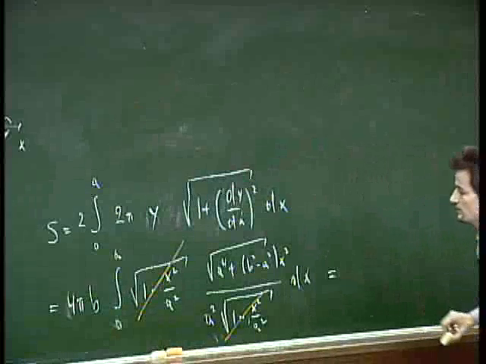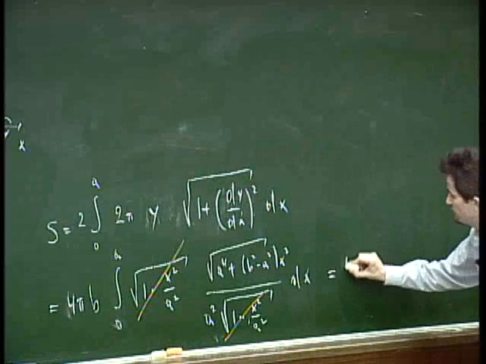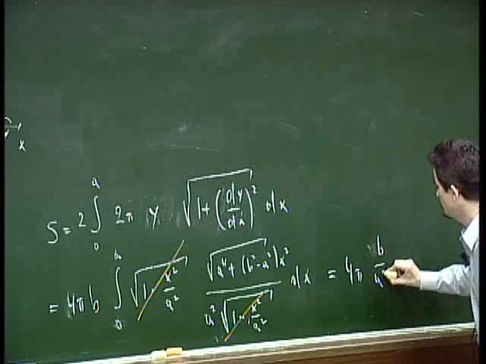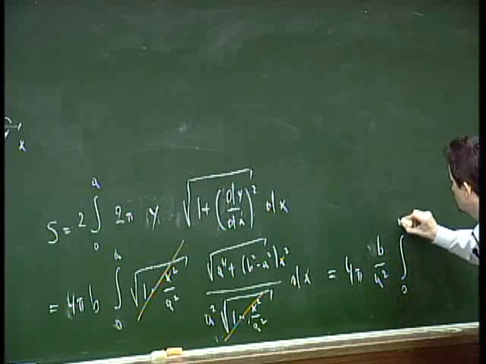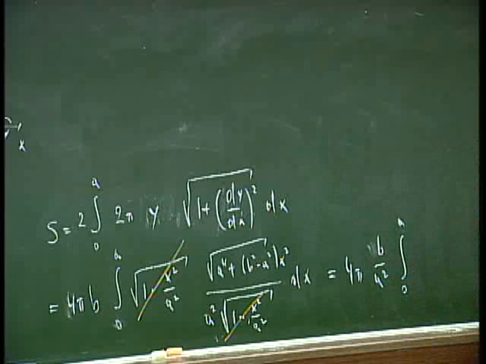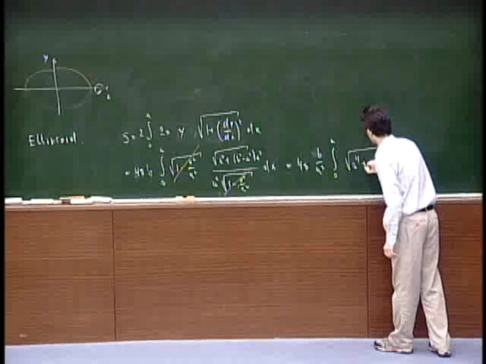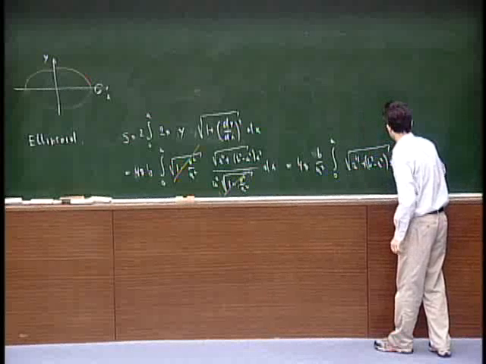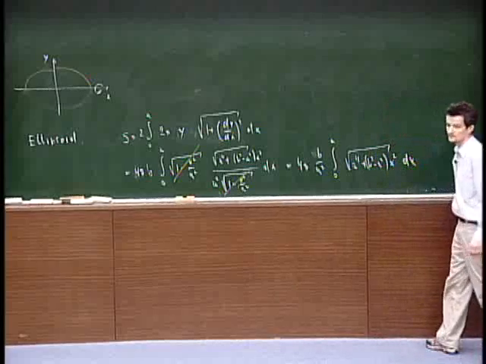Okay, so what we have is 4 times pi times b over a squared, and then the integral from 0 to a of the square root of a to the 4 plus b squared minus a squared x squared dx.